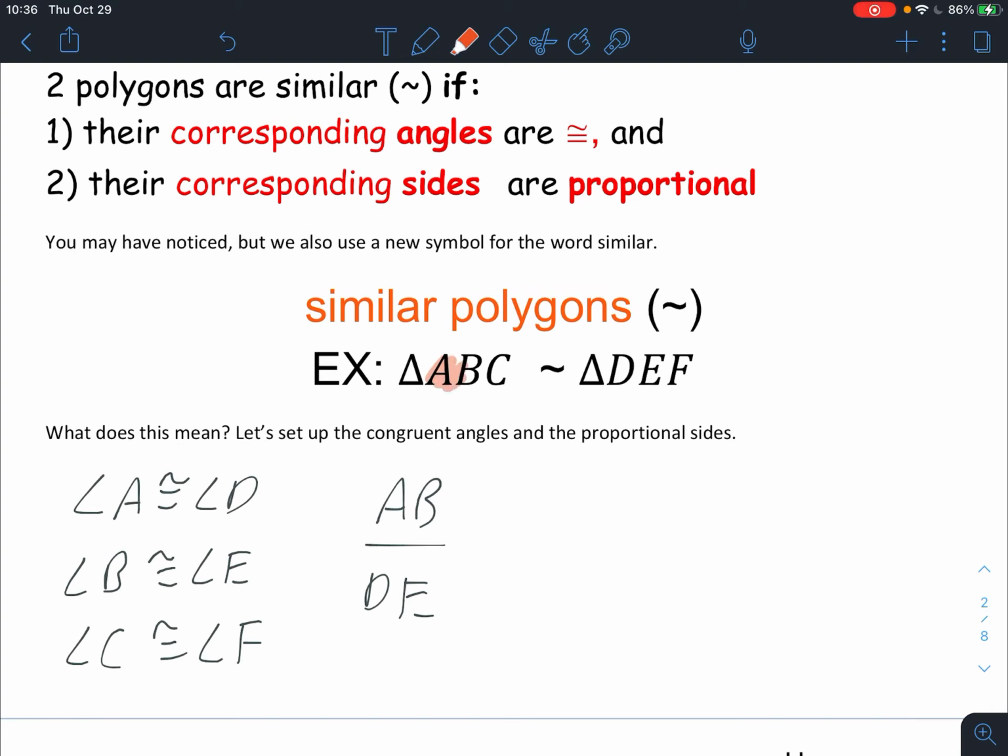Because those are the first 2 letters of each of them, would be the same as the ratio of side BC divided by side EF. Why did I choose BC and EF? Because that's the second and third letters of each of them. And that would be the same as the ratio of side AC divided by side DF. Again, why did I choose that? Because that's the first and third letters of each triangle.